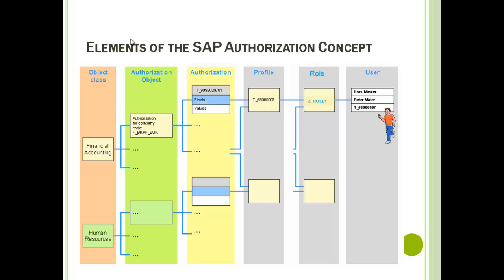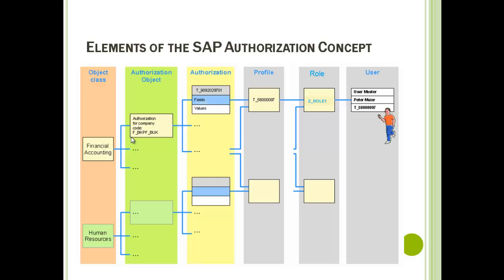The next one is authorization objects. These authorization objects are the actual objects which will be checked during your execution of a particular program or transaction. As a matter of fact, your transaction code also will be categorized as an authorization object.